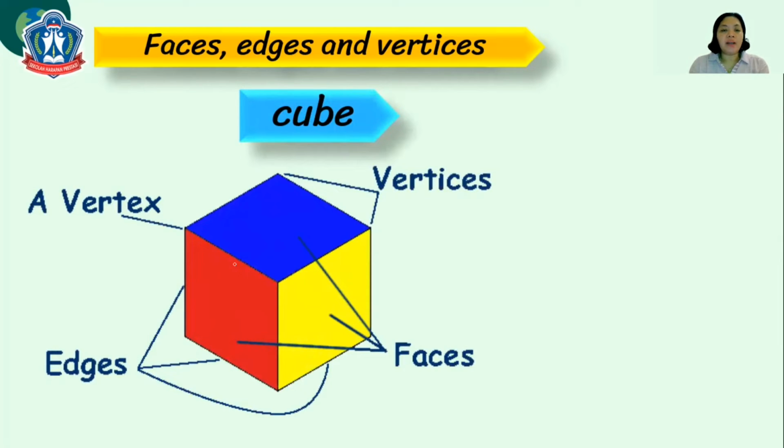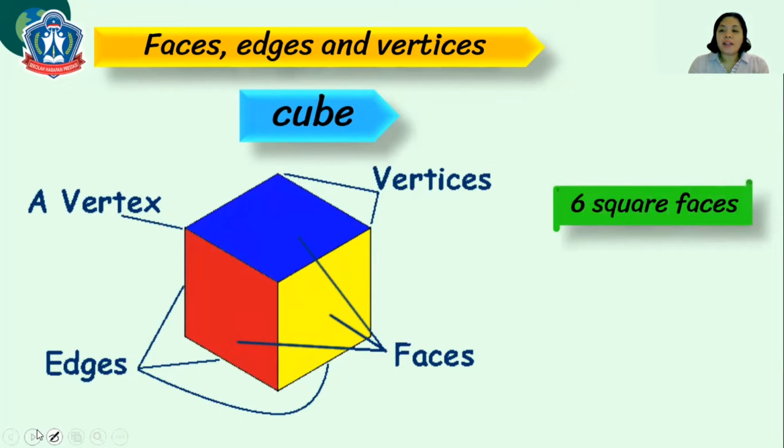As you can see, there are vertices, edges, and faces. Let's start with faces. A face, children, is the flat part of a 3D shape. So a cube, children, has 6 square faces. If you have 6 squares, you can make a cube.